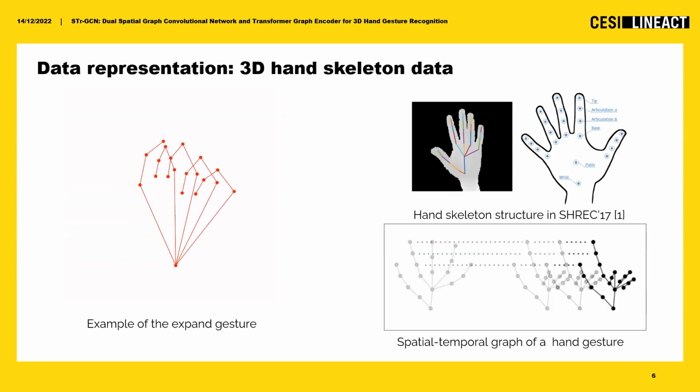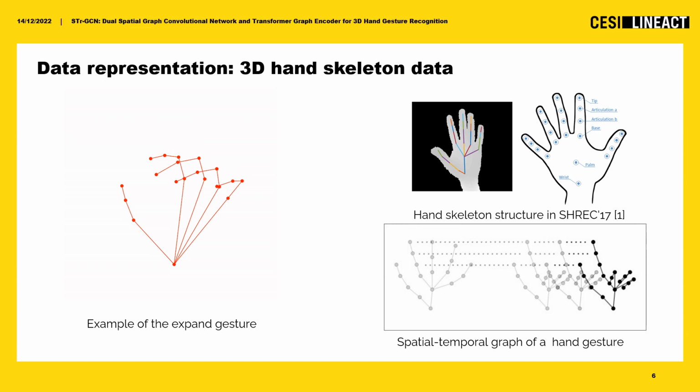Now let's go through each module of this architecture, and I will start with the input data. Here is an example of a gesture. As we can see, the sequence consists of a 3D hand skeleton in each frame, capturing the 3D coordinates of the hand skeleton.